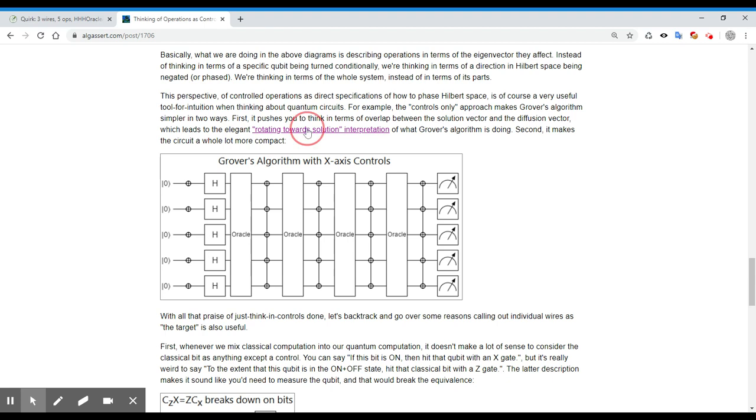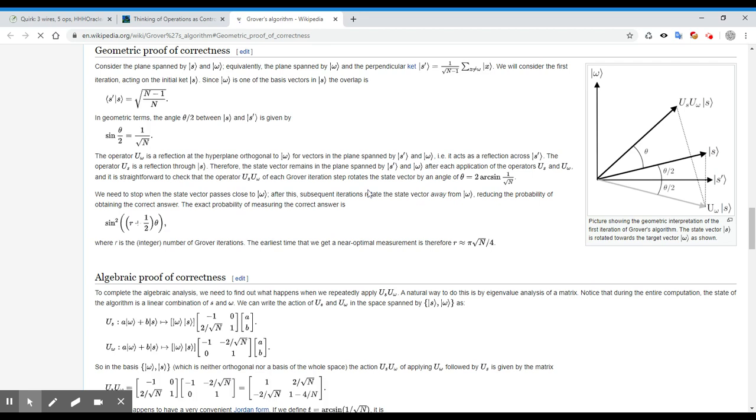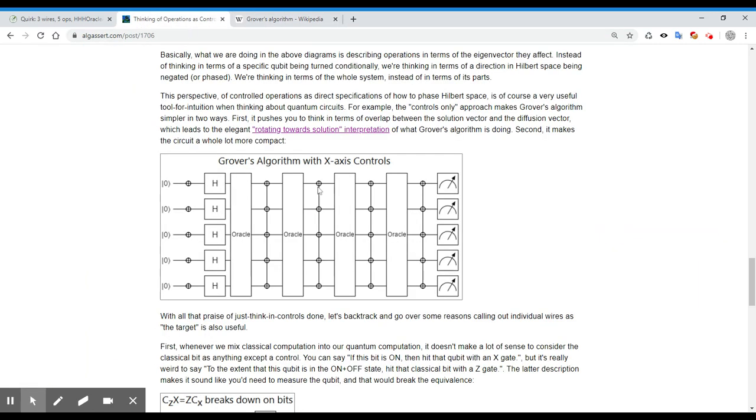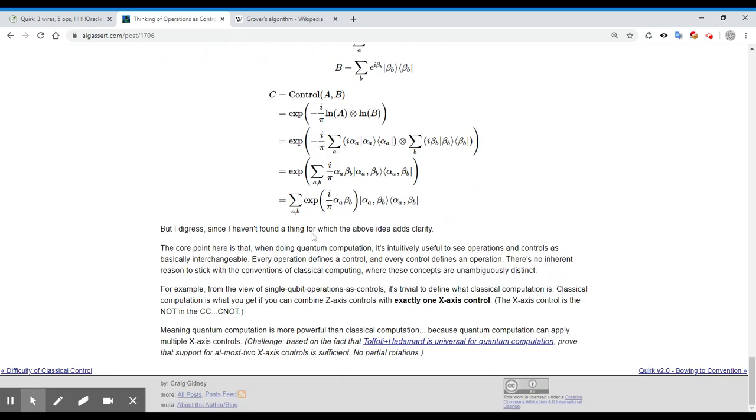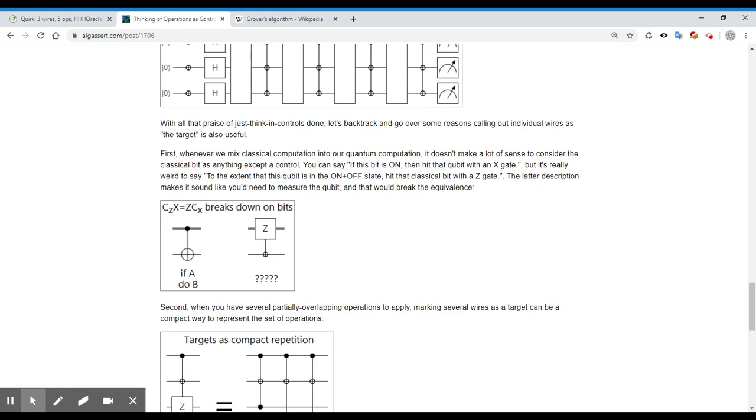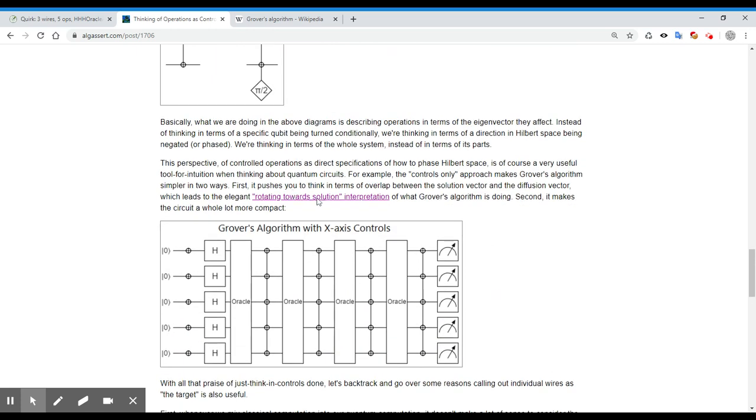That's the interpretation I want to dive into, because it's the one I didn't like in the beginning, but it might be the one that really makes it for me. The article also notes that calling out individual wires as the target is useful too, but the rest of the article isn't relevant here. That's where I wanted to get right now.